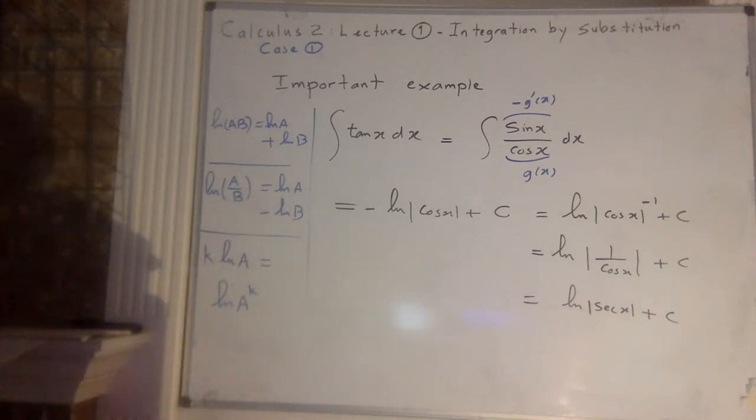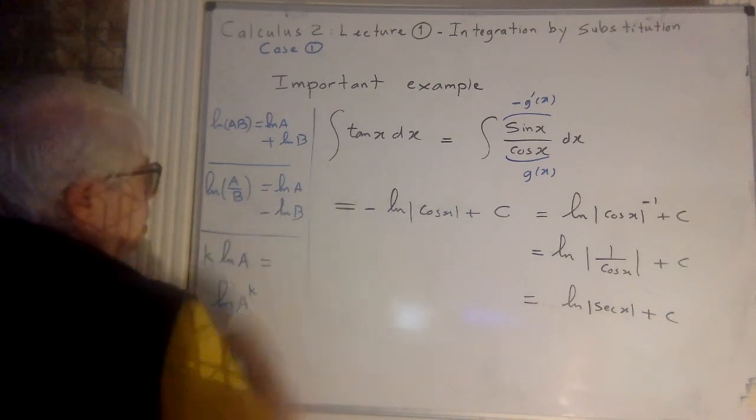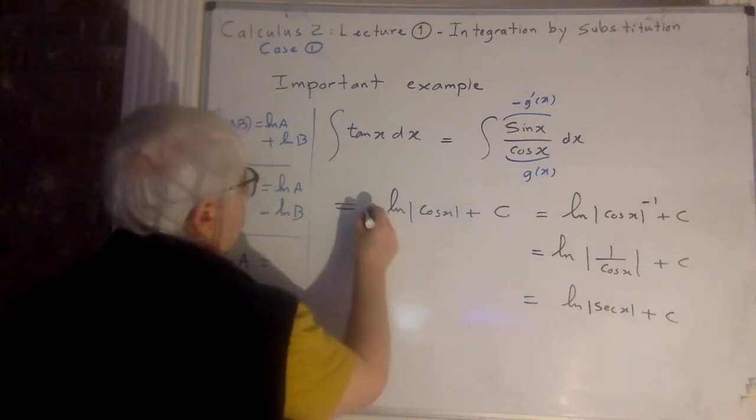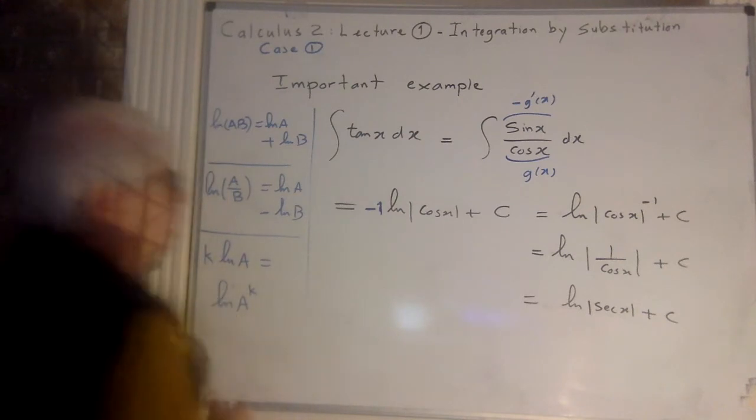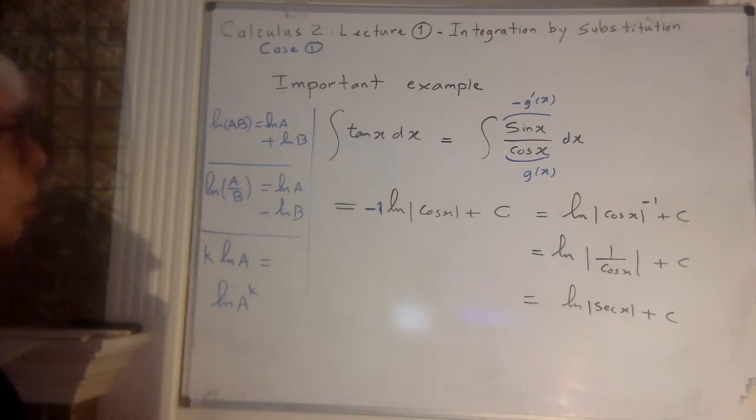Okay, so that's what I used here. This k here is negative 1. And here is this k.